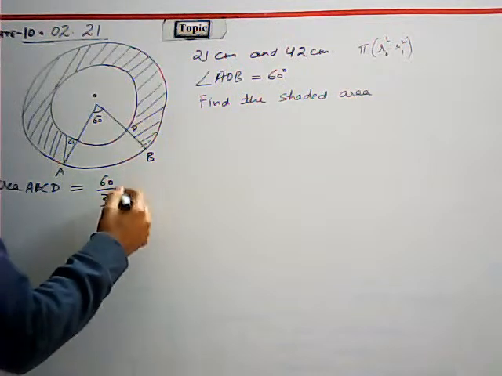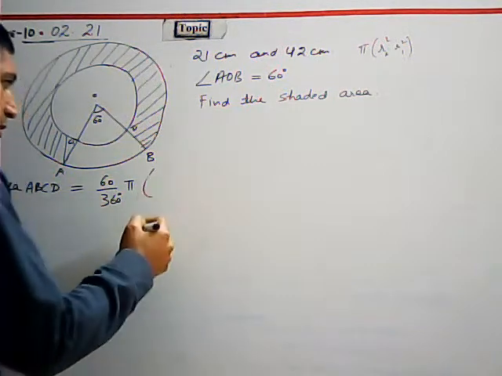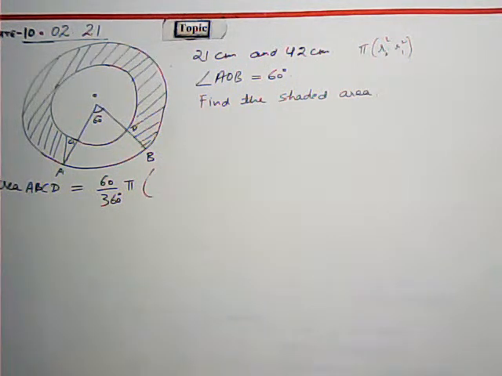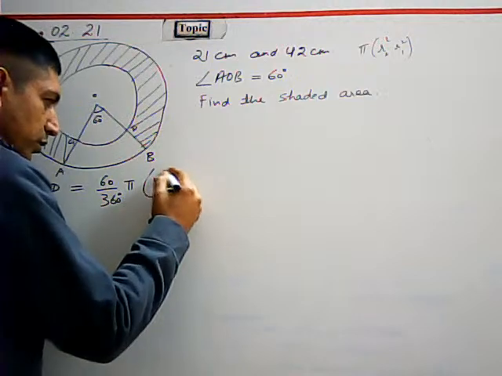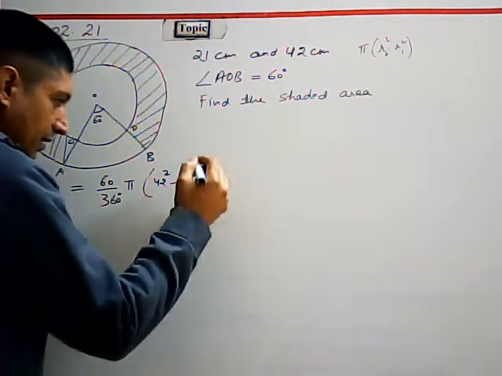Theta upon 360 into pi r square, that is also common. So here the r, that is 42 square minus 21 square, right?